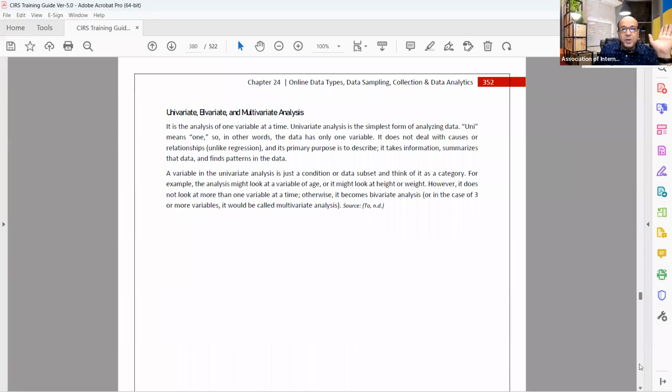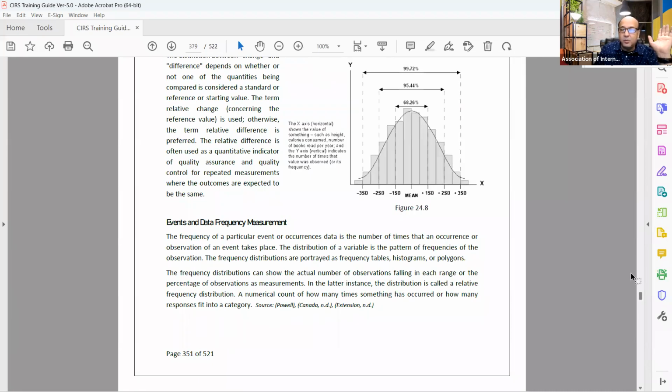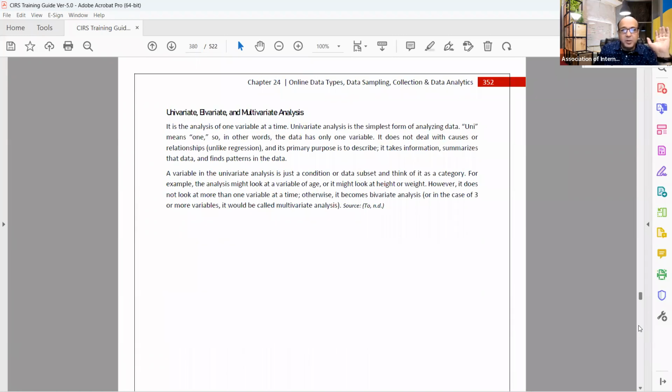Univariate, bivariate analysis. Bivariate is more than one number, two variables. Univariate is just one number, you use it for standard deviation. So you can give it a univariate, and then you would give them other variables.